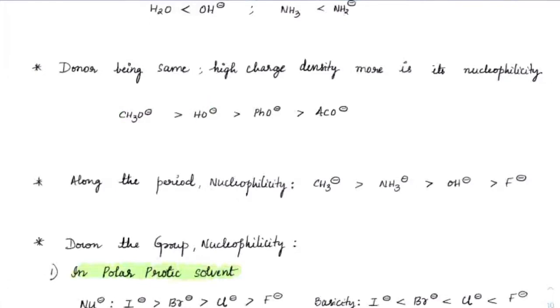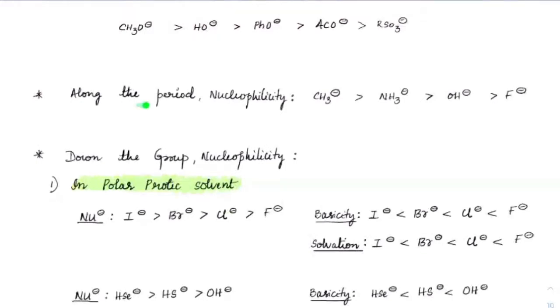So CH3O minus is better than HO minus. These two are localized. Then phenoxide is delocalized. AcO minus is even more delocalized with equivalent resonance. Now, if I might add, RSO3 minus is even much more delocalized, so that would be the least nucleophilic.